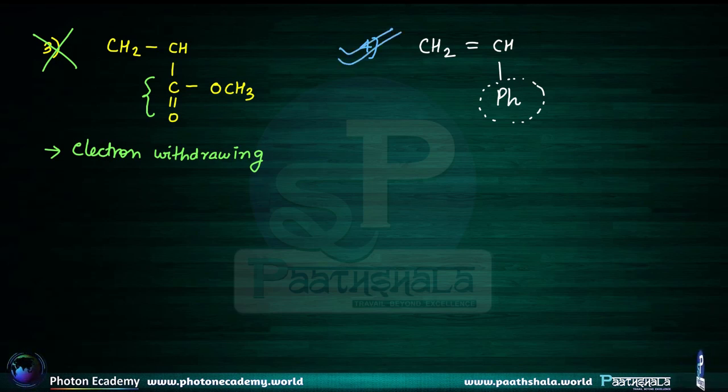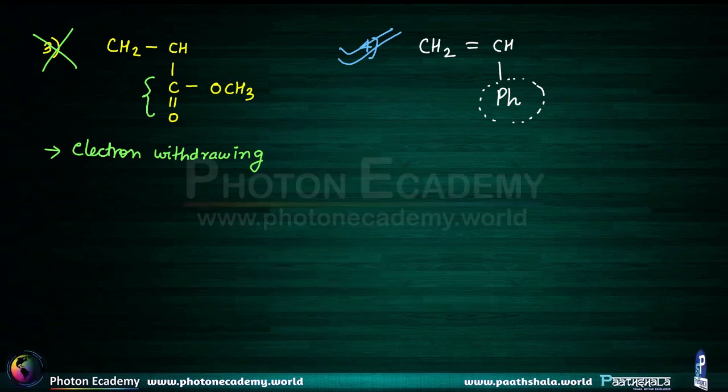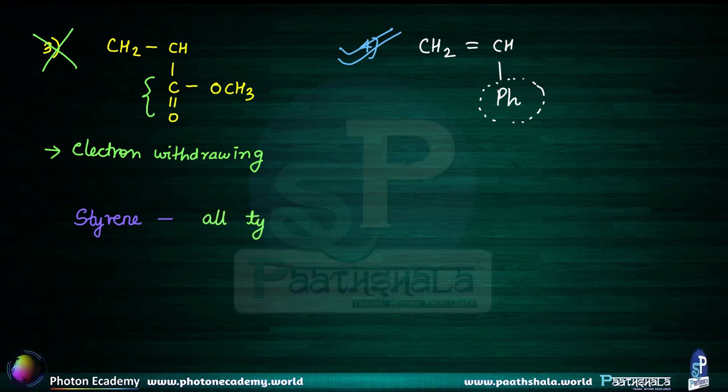So here we have seen, if a question is asked which monomer is favorable for all types of polymerization, be it radical, anionic or cationic, then we know that the answer will be styrene. So styrene, all types of polymerization are favorable.